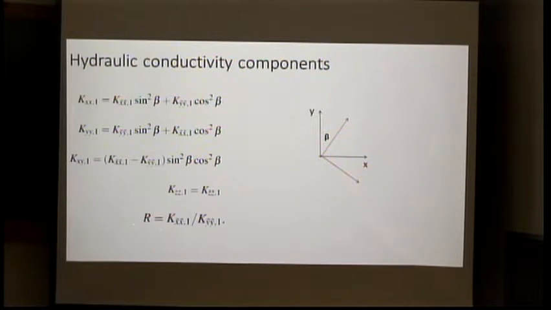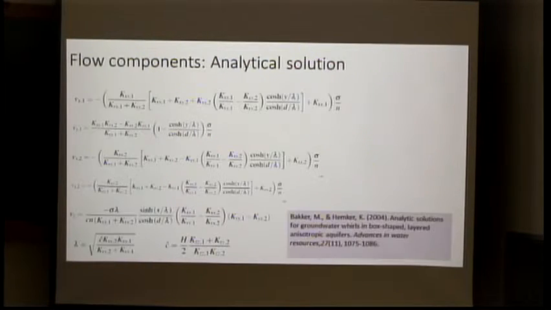And we will define this ratio here, R, as the ratio between the main components of the hydraulic conductivity in layer 1. Some people have worked with this, and they found that you can get an analytical solution for the flow field that comes out of that problem. It's a nice paper, this one in 2004 by Bakker and Hemker.